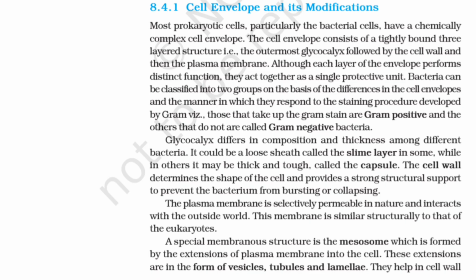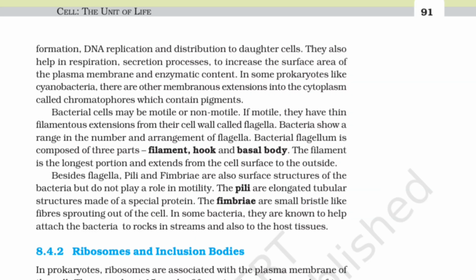Mesosome is formed by the extension of the plasma membrane into the cell. These extensions are in the form of vesicles, tubules, and lamellae. They help in cell wall formation, DNA replication, and distribution to daughter cells.